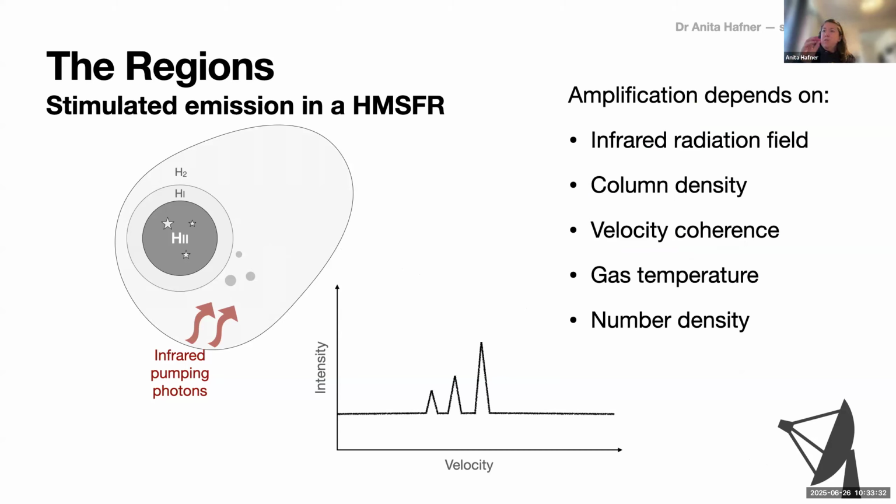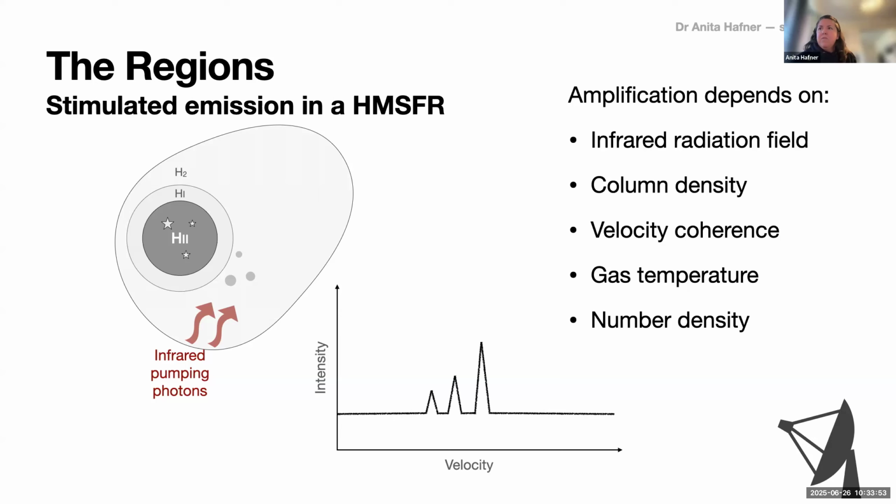All sorts of different local conditions can determine how much the background gets amplified. And that's not even looking at any changes in that background radiation. If you're changing I naught, then the amount you amplify can stay constant and the brightness can still change. So it's a lot going on.